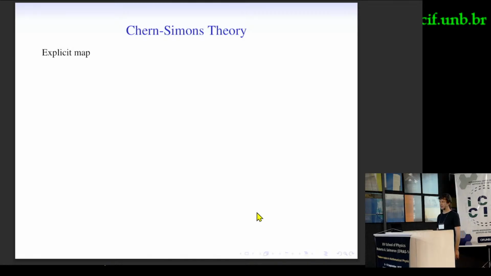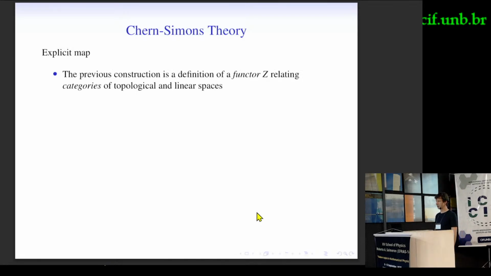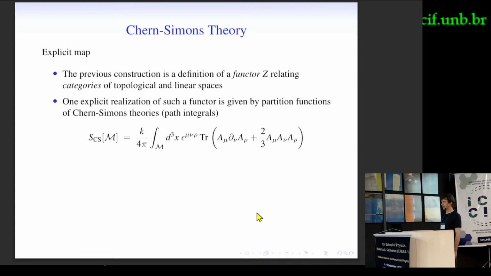Okay, so we have an example, which is Chern-Simons theory. In this sense, the functor is actually given by the path integral. And in fact, the whole idea of defining topological quantum field theory in terms of category theory, in terms of some functor between different categories, came from this property of the path integral.